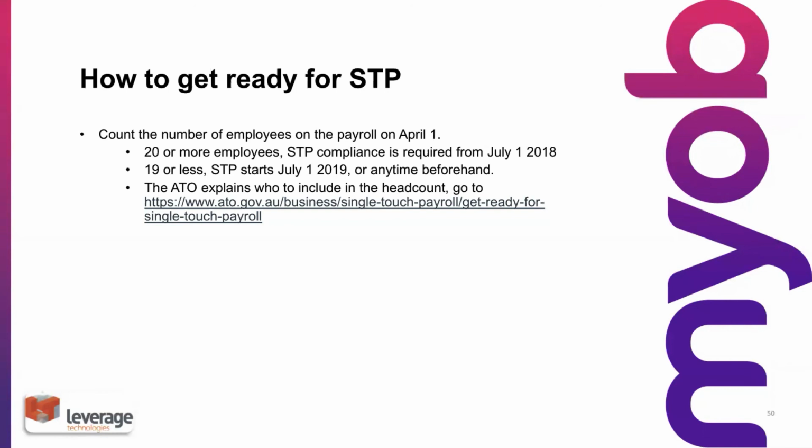With 19 or less, we have an option to start from the 1st of July 2019. We would prefer to have all of our customers running payroll compliant as soon as possible. There is a document on the website where you can verify the headcount from the 1st of April.